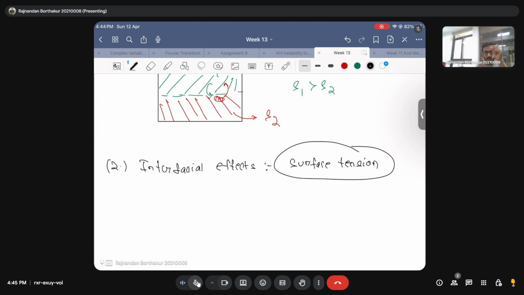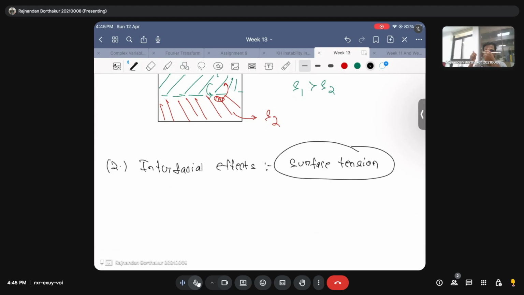In fact, you can show that the breakdown length of the jet, if you have two fluids of different viscosities, is different, and it is very sensitive to the viscosity of the fluids. A fluid with a higher viscosity will have a greater breakdown length than a fluid with a lower viscosity.